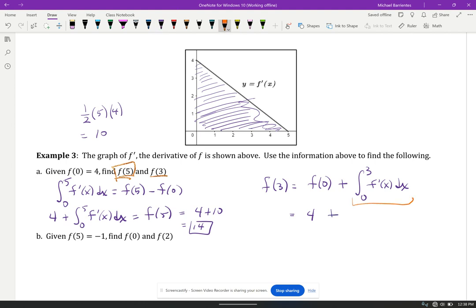This time I'm looking for the integral, and I'll do it in a different color so you can see it. From 0 to 3, that's a trapezoid. So I'm going to look for the area here. How do I figure out the height? How do I figure out the base? From 0 to 3, well, I don't know what base 1 is.